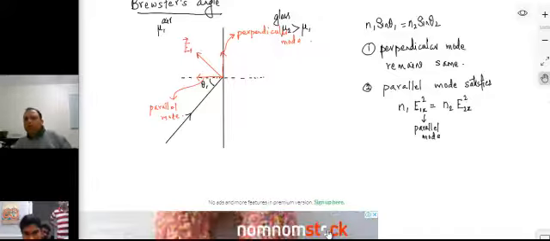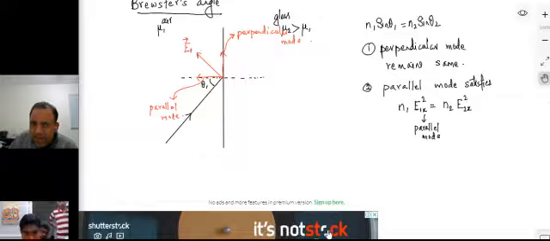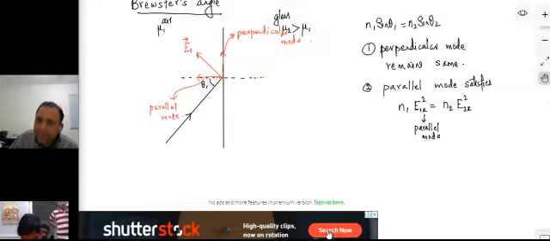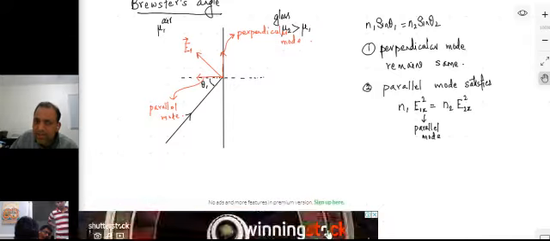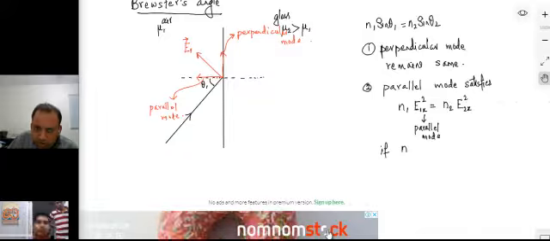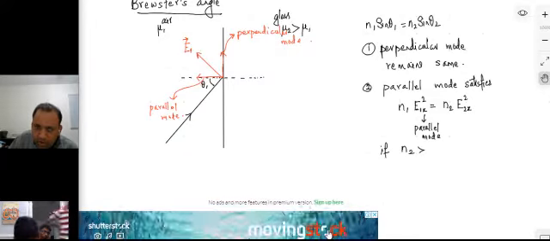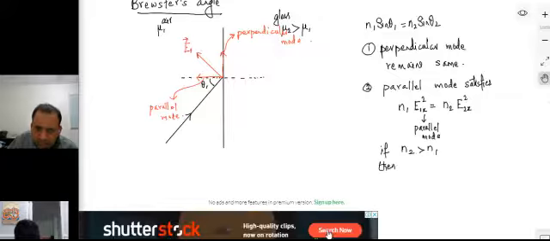What we need to know is that since they are the same at the interface, if N2 increases, that means the electric field has to decrease. Right? If N2 is greater than N1, then E2x is less than E1x.